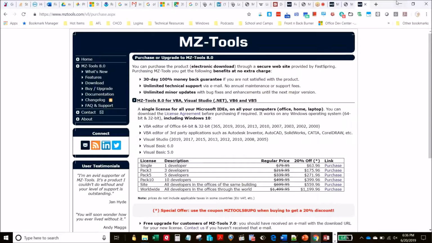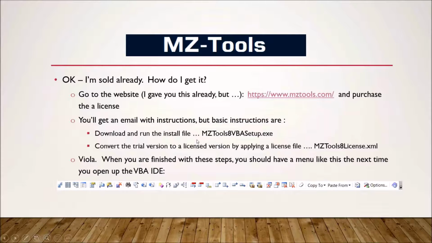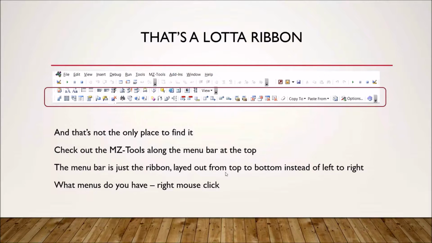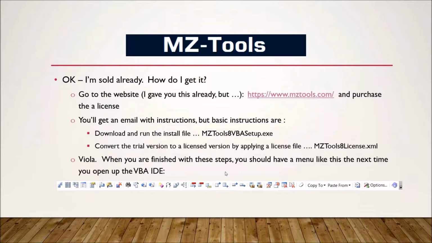That's going to allow you to link directly to the setup file for VBA. And then there'll be a license file that you get at the same time. You just download that and connect to it while you're in the VBA environment. Probably without any further ado, we should get right to the use of MZ Tools.